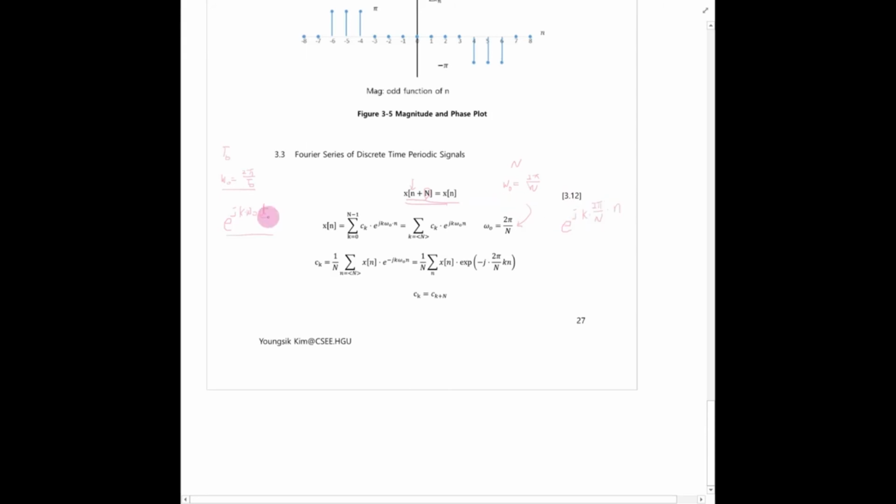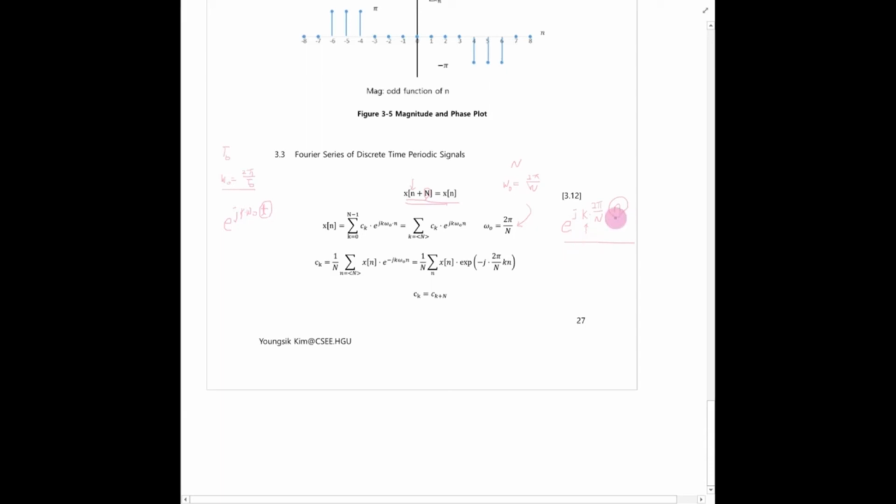Here t corresponds to n, and the harmonic index number is k. Okay, this is the complex exponential in the discrete domain, but in the continuous signal, omega 0 times t is the complex exponential for the nth harmonic. So I write down the harmonic component here, but the issue is this one.